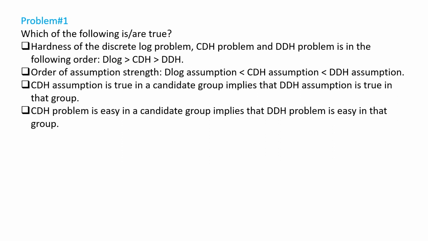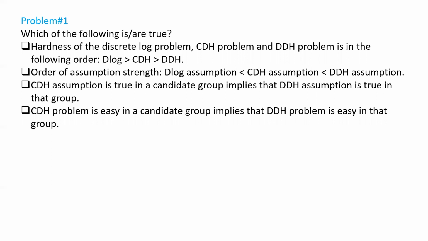Because if you are able to calculate alpha by seeing g to the power alpha, then when you are provided with g to the power alpha and g to the power beta, you can easily compute alpha and beta, right? And then when you have knowledge of both alpha and beta, you just raise g to the power of alpha beta, and the exponentiation operation is easy. So g to the power alpha beta can easily be computed. So the CDH problem becomes easy once the discrete log problem is solvable, right?